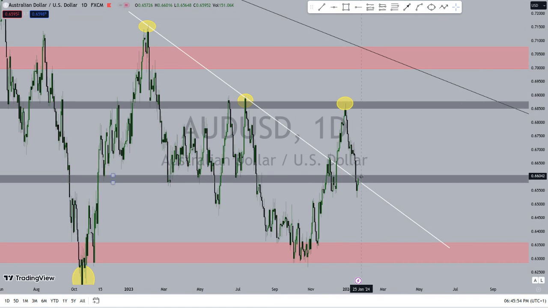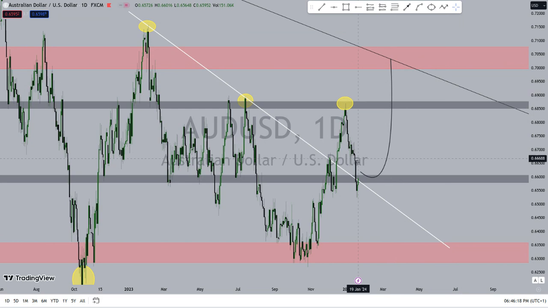When price is ready to trade up above this level, that is when we'll be interested to jump in on AUD USD again for the bullish ride.